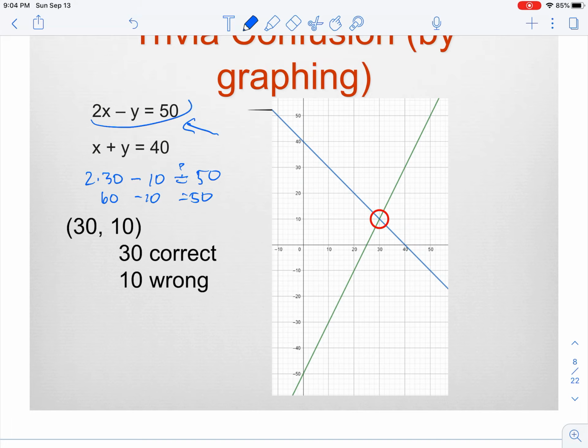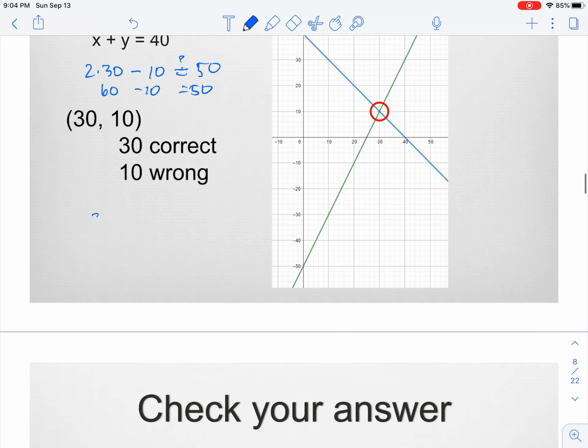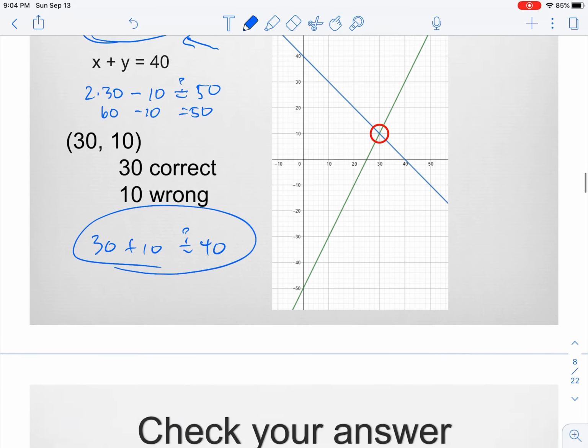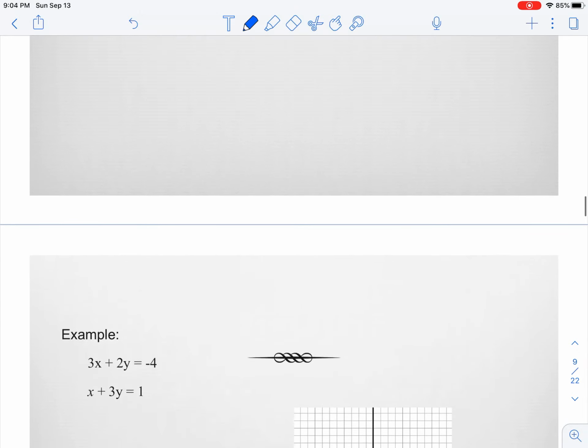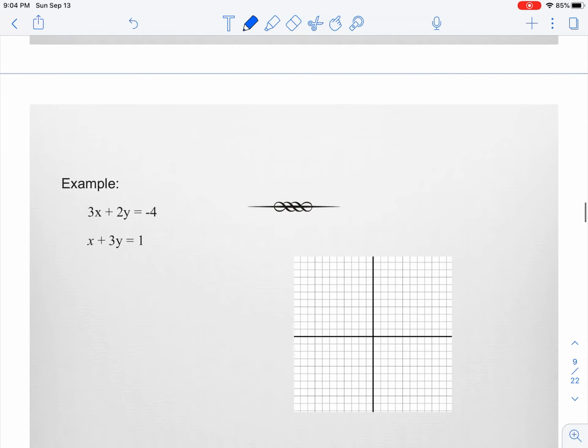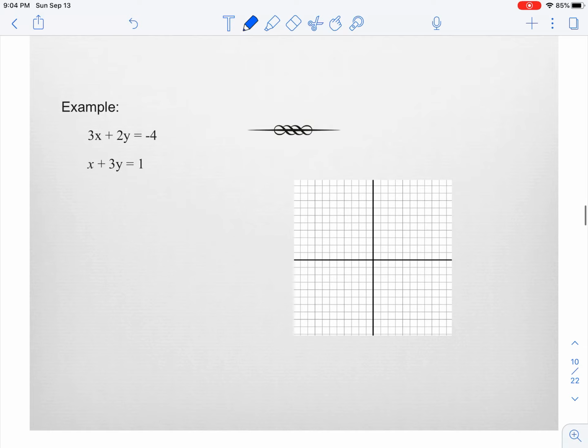Yeah, that equals 50. So that seems to work in this equation. And then in the second equation, 30 plus 10, does that equal 40? Yep. So we used our calculator. We couldn't quite trace it the way we wanted to, but it seemed to work out.